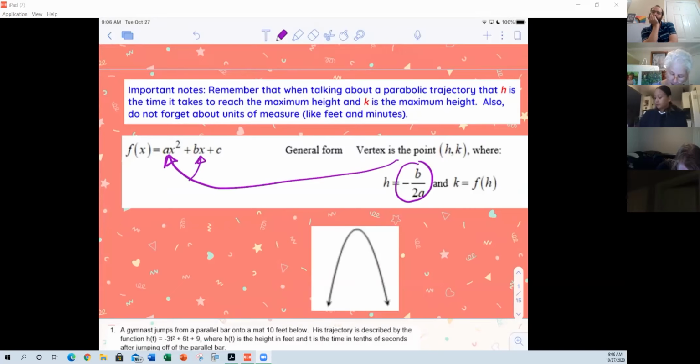So if we're looking for the height of the parabola, you first have to find the time, which is the opposite of b over 2a, and then you plug that back into the function, and that will give you how high it goes.